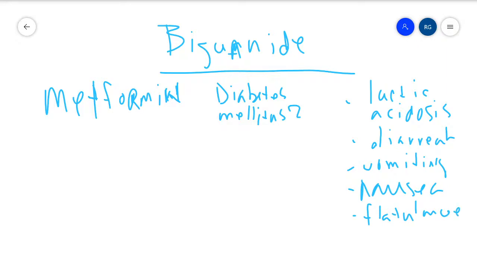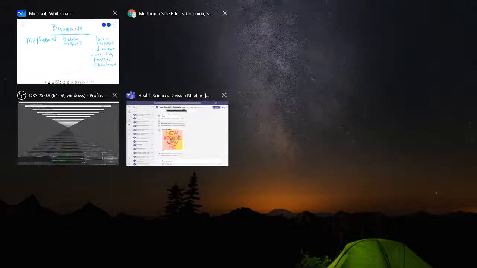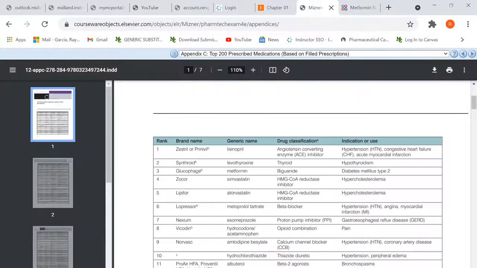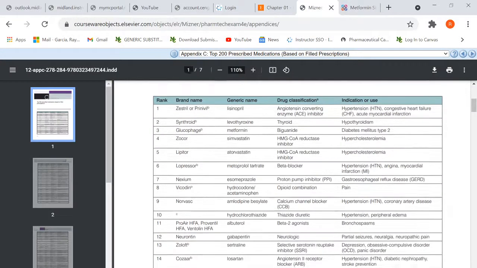So let's look for another biguanide, another medication that falls under this drug class. Let's see if we can find one.